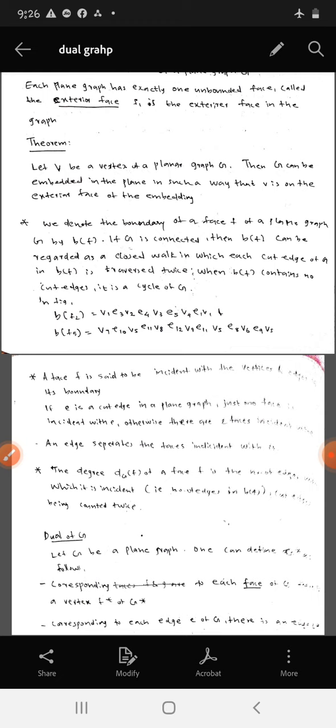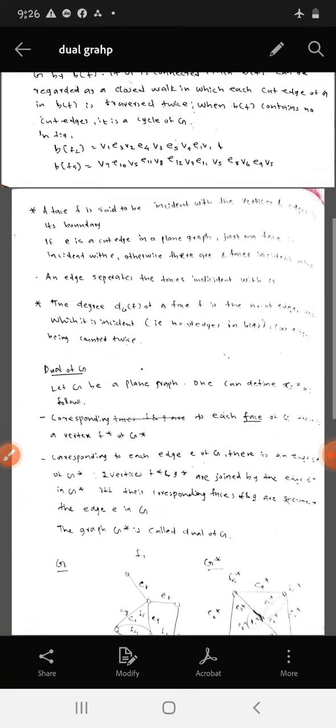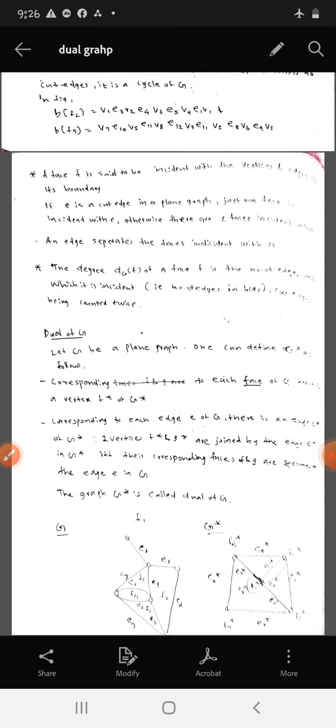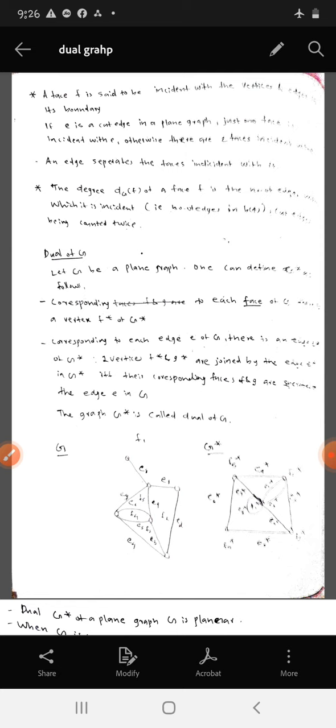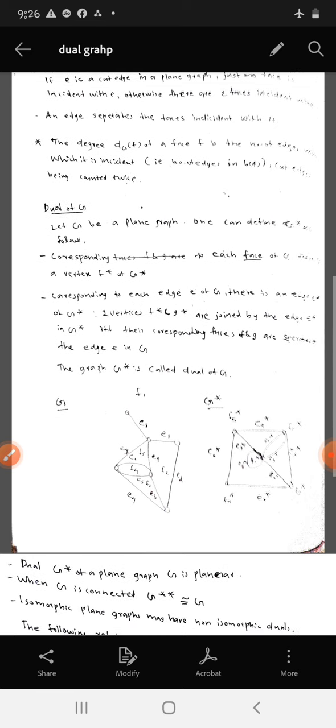Now we define the dual of a graph. Let G be a plane graph. One can define G star as follows. Corresponding to each face F of G, there is a vertex F star of G star. Corresponding to each edge E of G, there is an edge E star of G star.